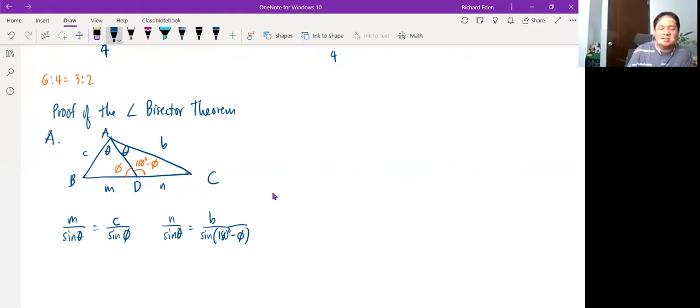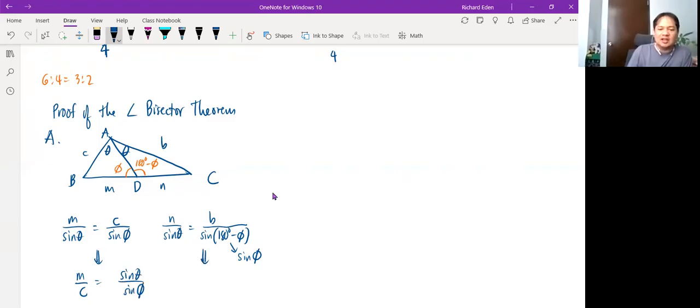But we can simplify sine of 180 degrees minus phi, right? This is going to end up being sine of phi. All right. So from our two equations, M over C is equal to sine theta over sine of phi.